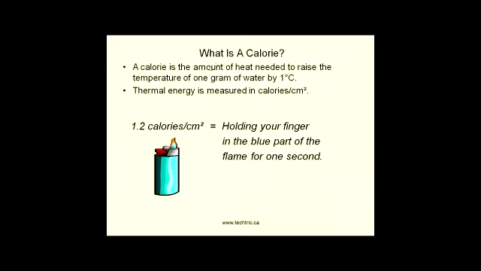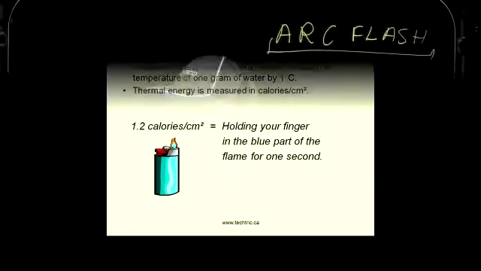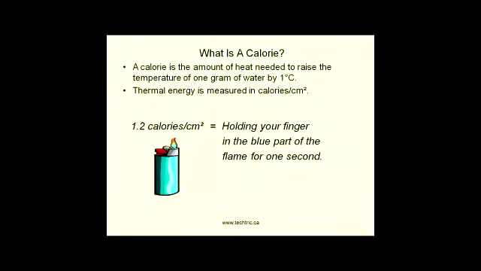We discussed what a calorie is. A calorie is an amount of heat needed. It's basically a unit that measures heat or energy. Now, a calorie is the amount of heat needed to raise the temperature of 1 gram of water by 1 degree Celsius. In order to warm up 1 gram of water by 1 degree, we need 1 calorie of energy. That's thermal energy measured in calories per square centimeter.